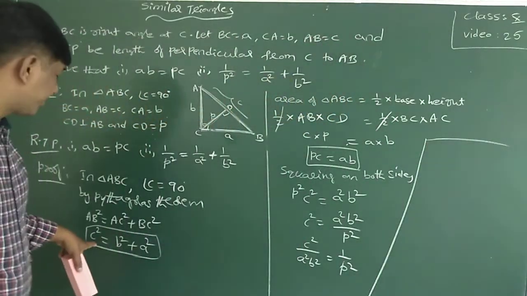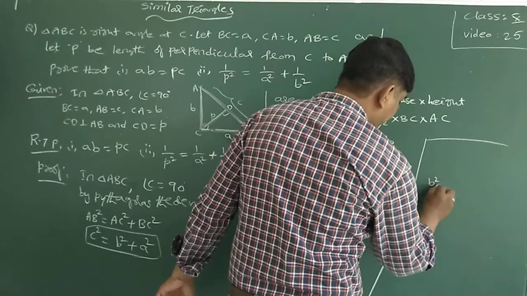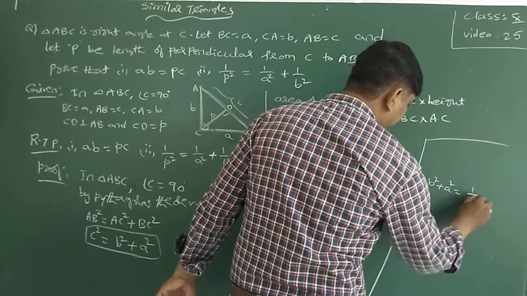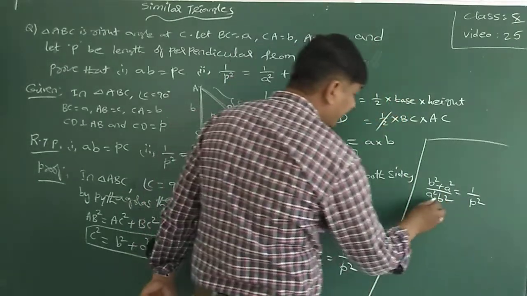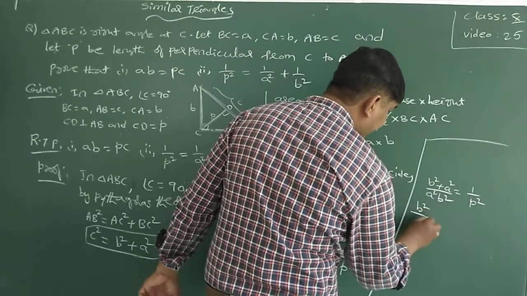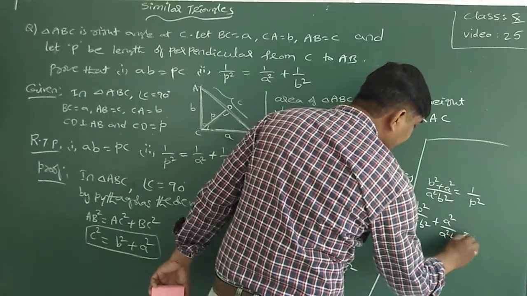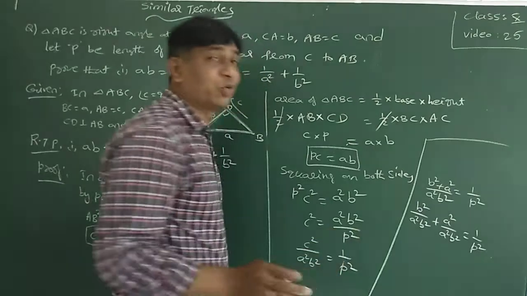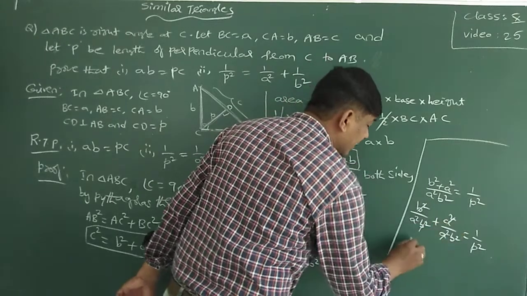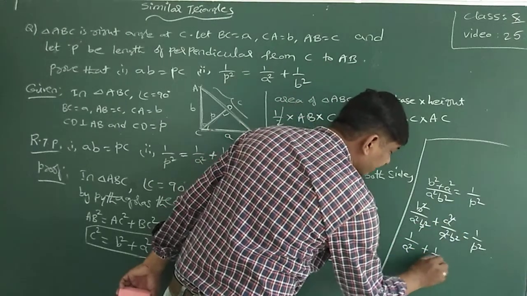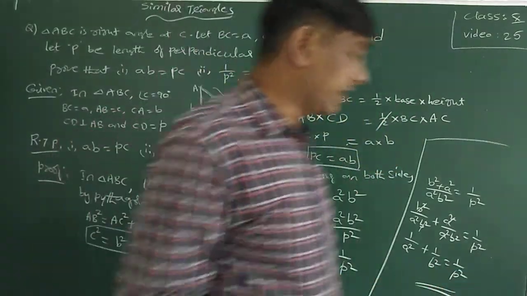Now c square, you already proved, is b square plus a square by Pythagoras theorem. Now split this one: b square by a square b square plus a square by a square b square is equal to 1 by p square. You can split only the numerator, not the denominator. So b square cancels, a square cancels. So 1 by a square plus 1 by b square is equal to 1 by p square. Please write down.